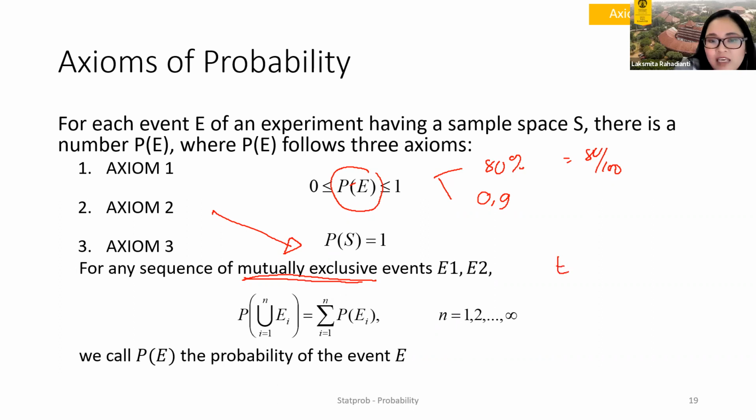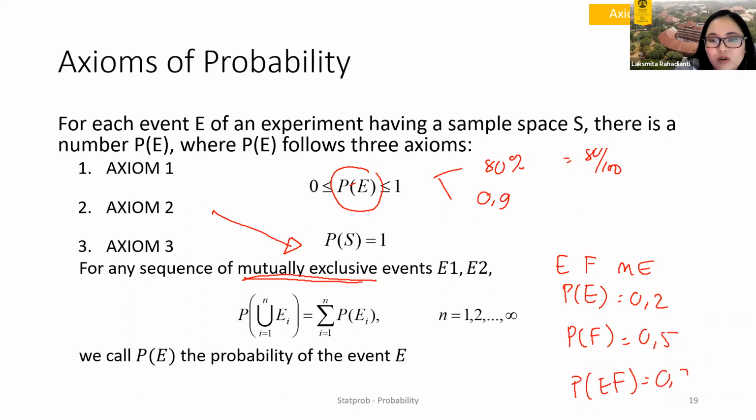So if I know that E and F are mutually exclusive, and I know that P(E) is 0.2 and P(F) is 0.5, I can say that P(E or F) will be 0.7 because it is the sum of the individual probabilities, if and only if the events are mutually exclusive. If the events are not mutually exclusive, aka there is an intersection between them, then this property does not hold. I cannot just sum them up like this if there are intersections.